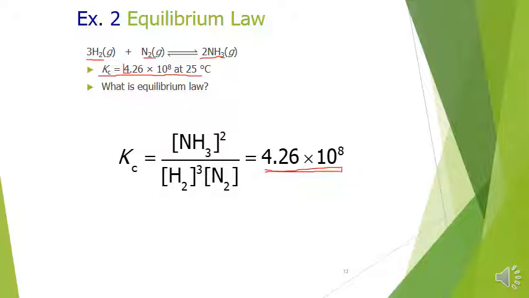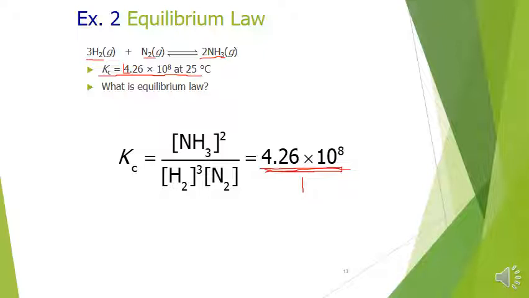Now let's just take a look at this number. Just putting numbers up here is worthless unless you understand it. So what this basically says is that this is product up here and this is reactant. So you can think of this as 4.26 times 10 to the 8th over 1.